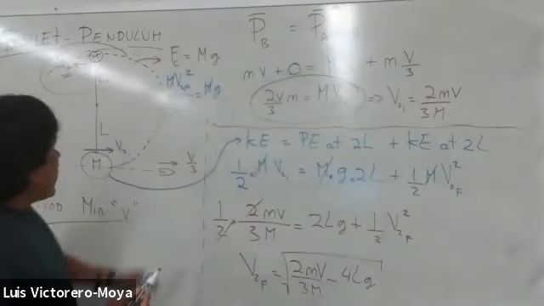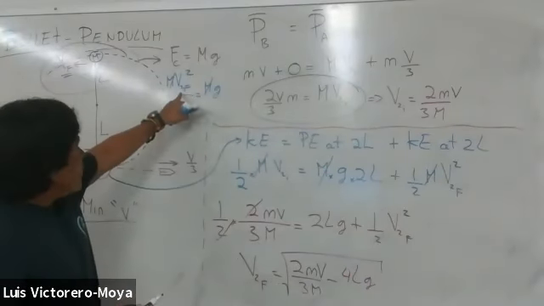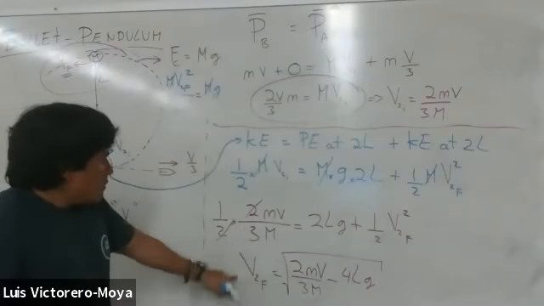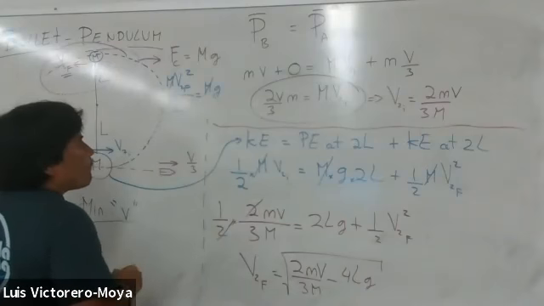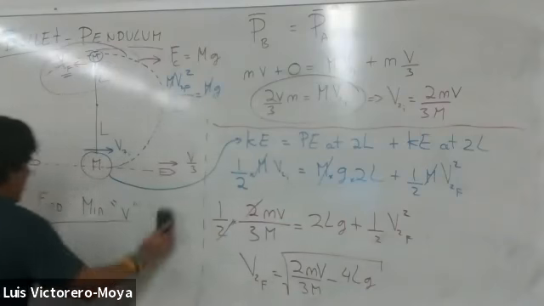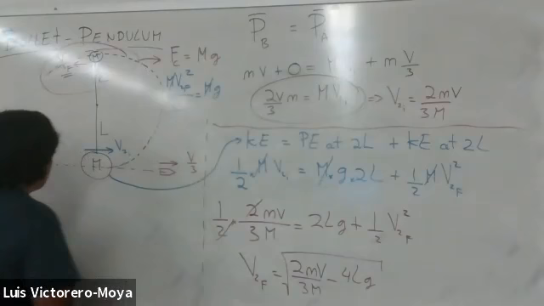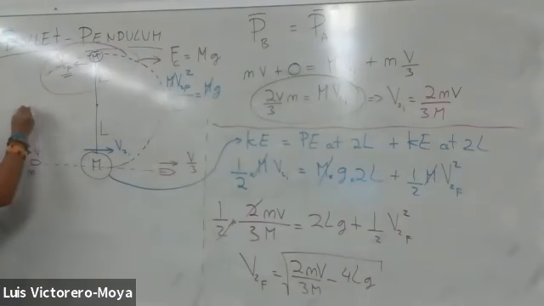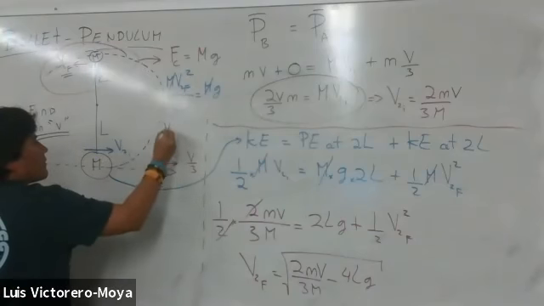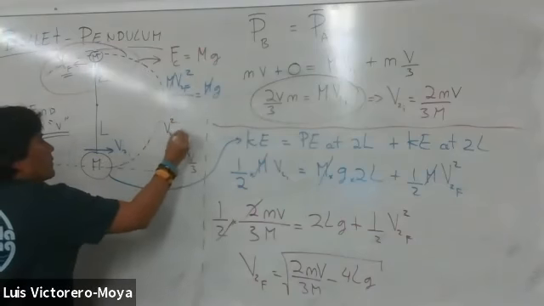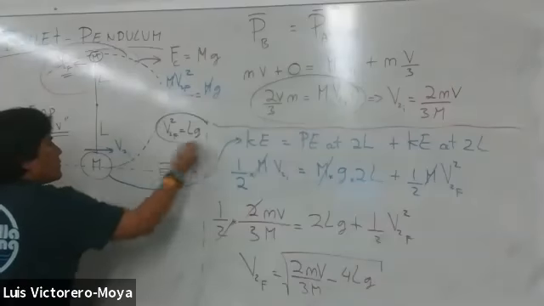Yeah, that's okay. So I have V2 final square equals to Lg. Perfect, that will work. Find the minimum value of V. V2 final square is equal to Lg.